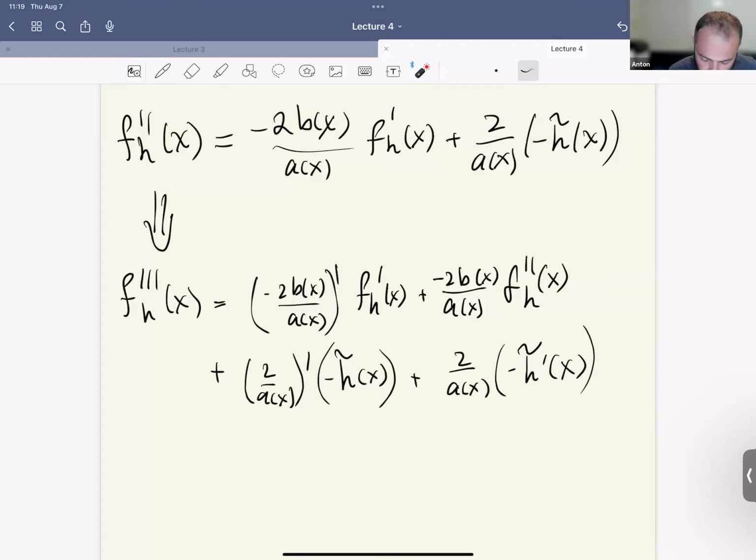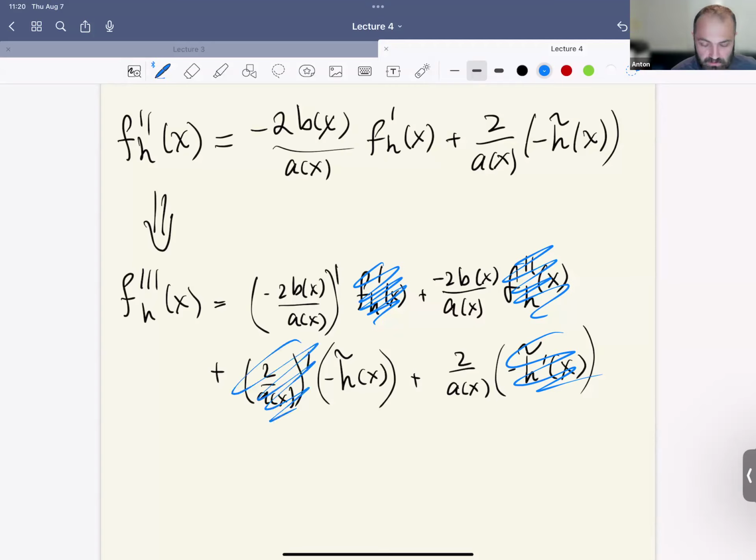Now f prime and f double prime can be bounded by a constant. So I'm just going to get rid of these, say they can be bounded by constants. H is Lipschitz, so h prime is bounded by 1. We can get rid of that. I'm going to undo all these scribbles very soon. You'll see why. In our case, a is a constant, so this thing equals 0. Not a worry there.